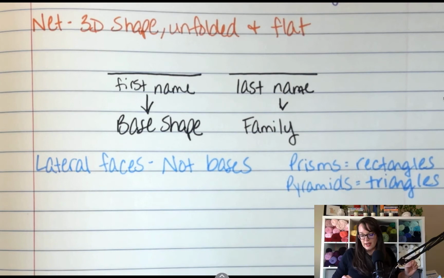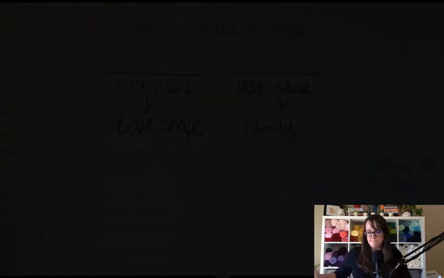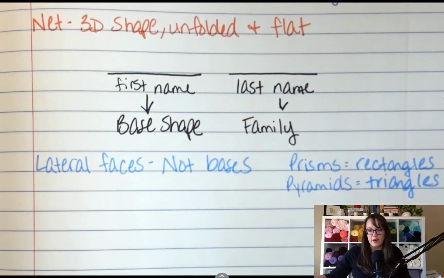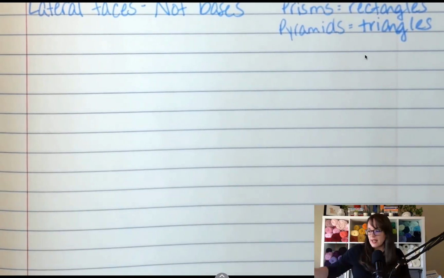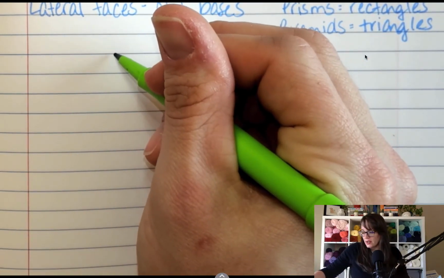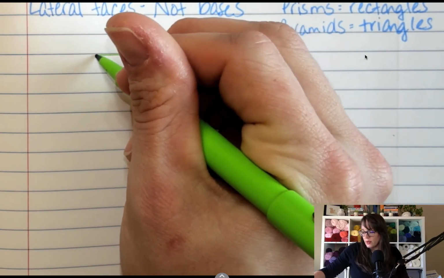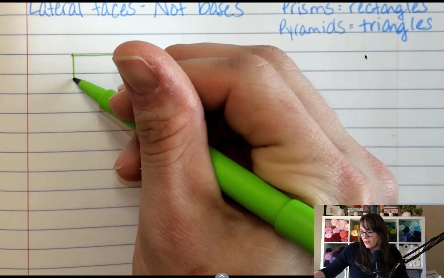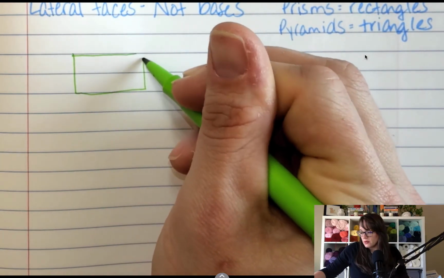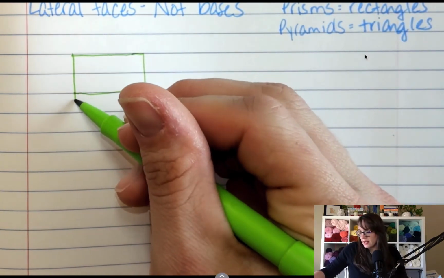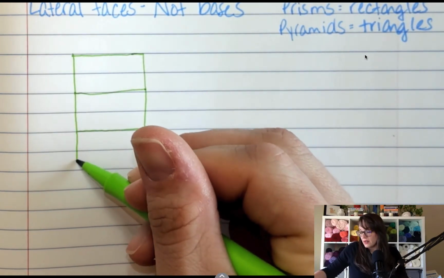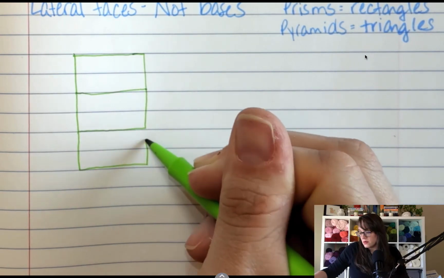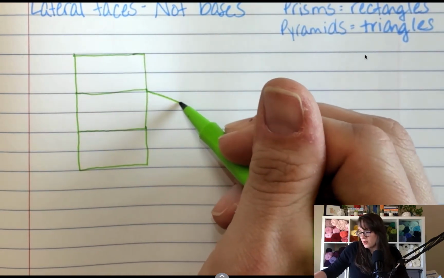All right, let's practice finding the area. We're going to draw a net and practice finding the area. So this net, I'm going to draw a rectangular, let's do a triangular prism net. So I have a rectangle, another rectangle, another rectangle, and then I'm going to have triangle bases.